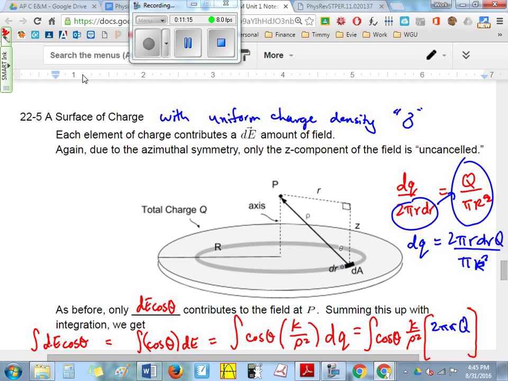I like to do that. So 2 pi r Q dr, all over pi capital R squared. And then some things start to cancel, and lots of things can be pulled outside.